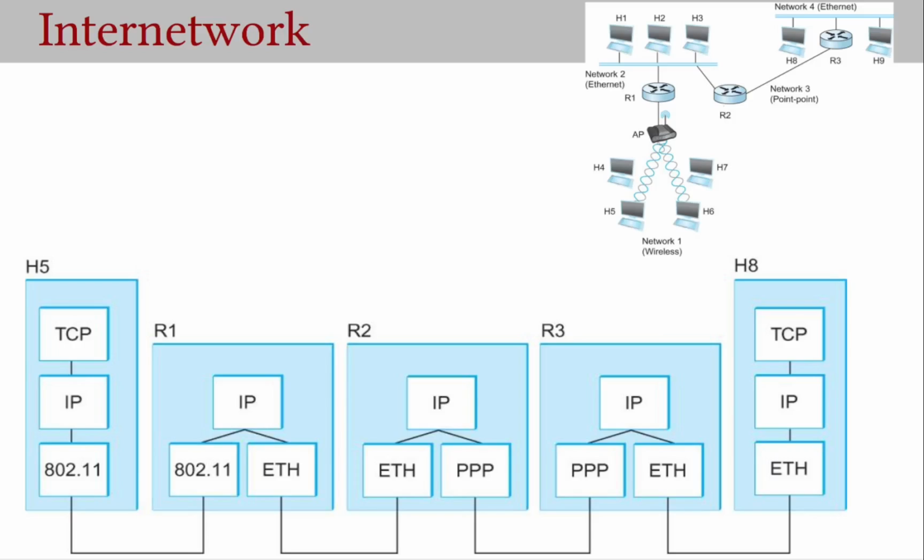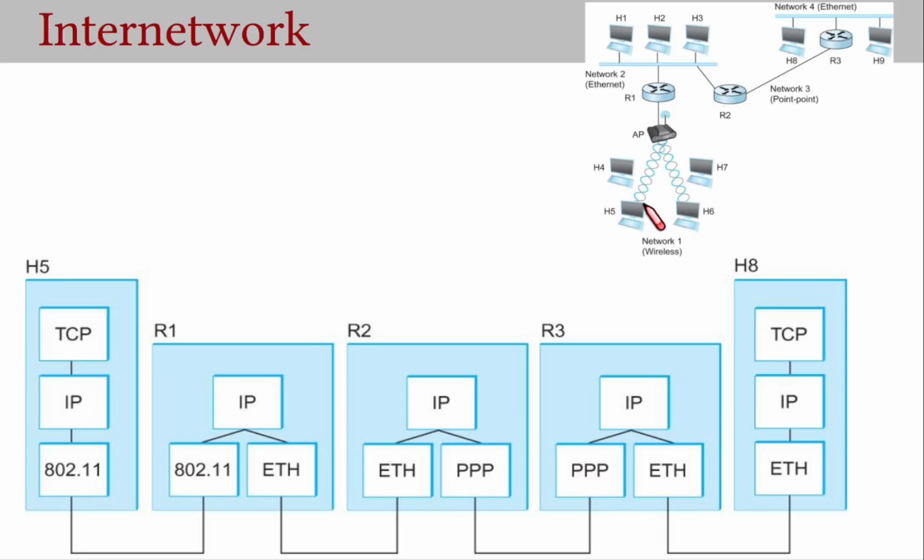That is shown in this diagram. Here we have a protocol graph that is running on each host as well as these routers. As you can see, the protocol IP runs on every host and every router. There may be other protocols running on top of it, like here it's TCP, there may be UDP.